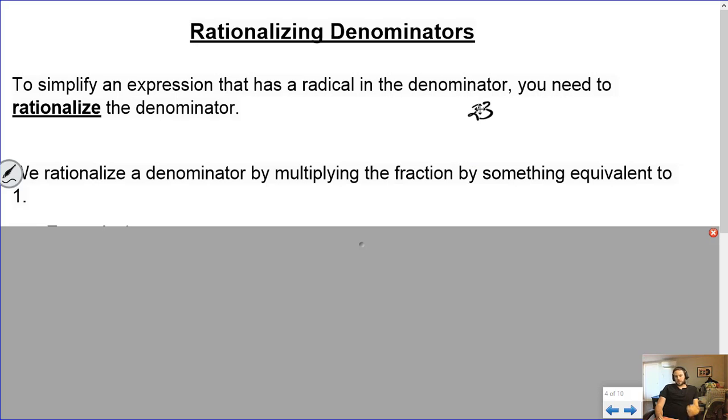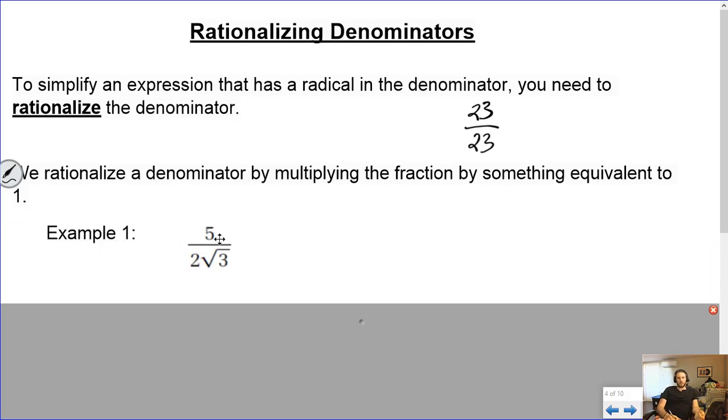So if we multiply the numerator by 2√3, we'd also have to multiply the denominator by 2√3, because that divided by itself is equal to 1. And multiplying anything by 1 doesn't change its value. So we're just changing the way it looks without changing what it equals.